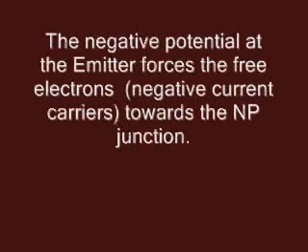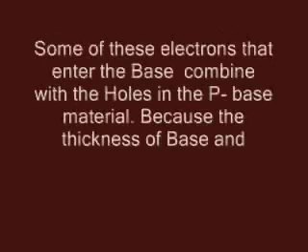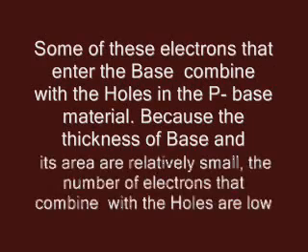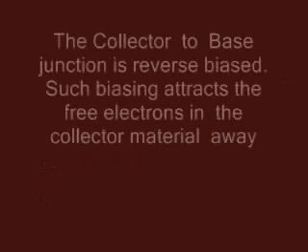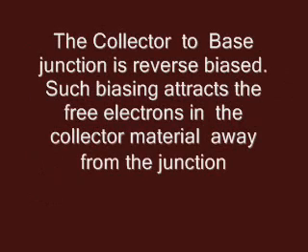The negative potential at the emitter forces the free electrons towards the NP junction. Some of these electrons that enter the base combine with the holes in the P base material. Because the thickness of the base and its area are relatively small, the number of electrons that combine with the holes is low. The collector to base junction is reverse biased.